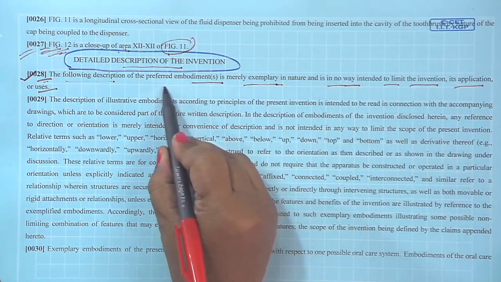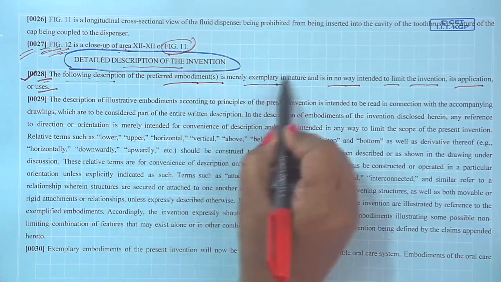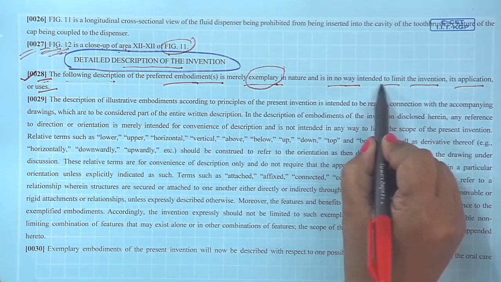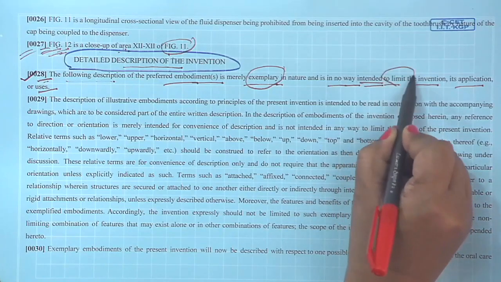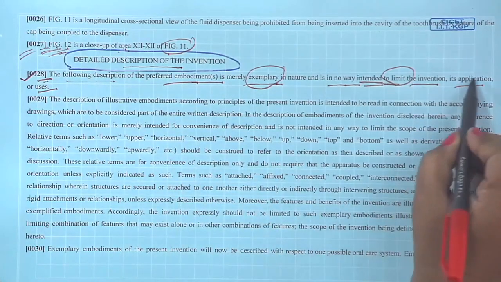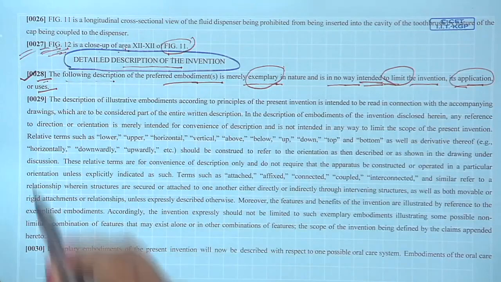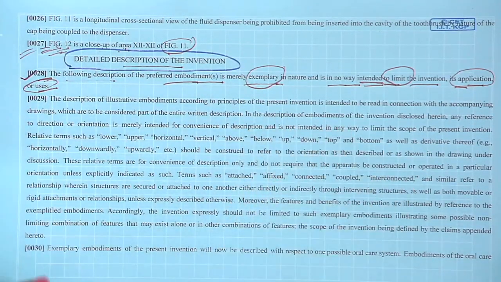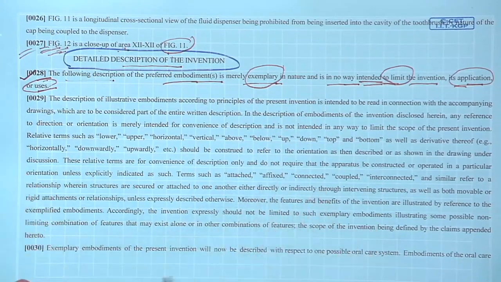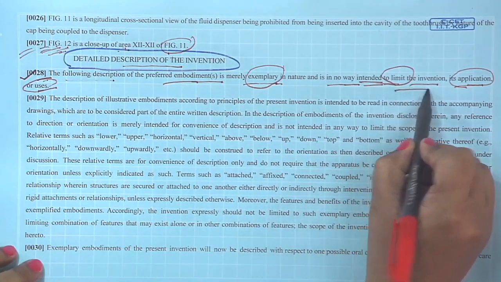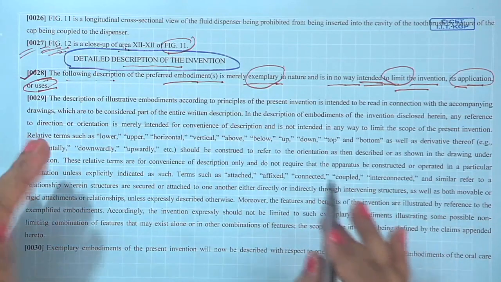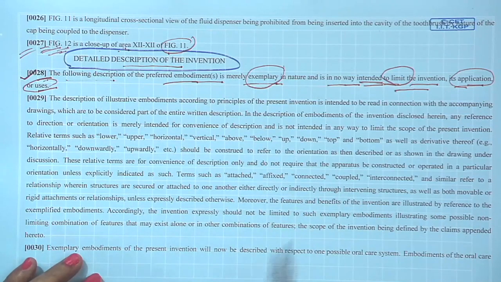They are saying this preferred embodiment is merely exemplary and in no way intended to limit the invention, its applications or its uses. Again, the scope of the invention is kept broad, and it is clearly mentioned that with this description you should not narrow down the scope of the invention; it is exemplary.